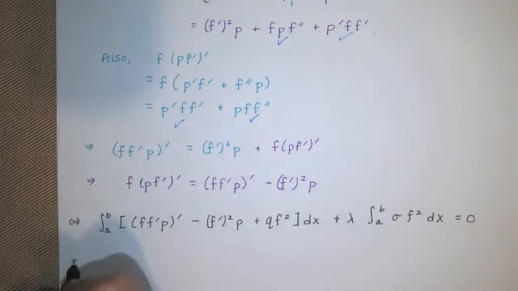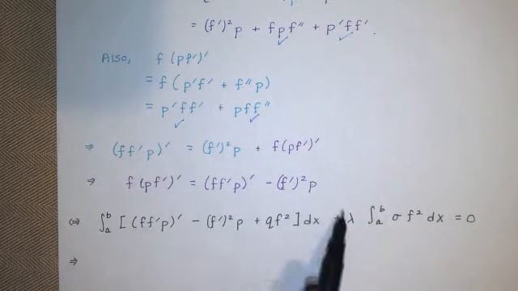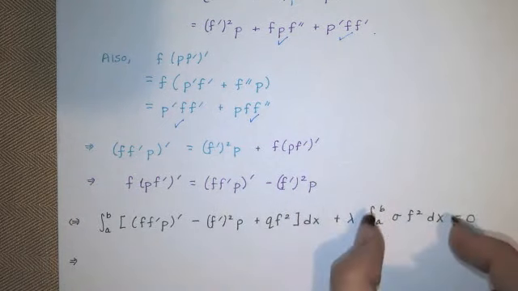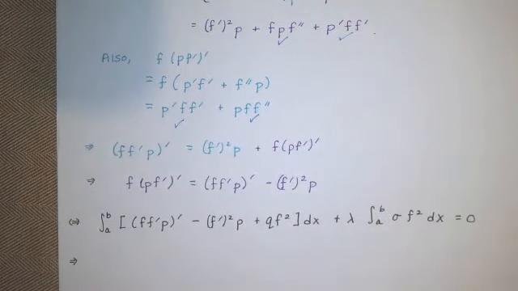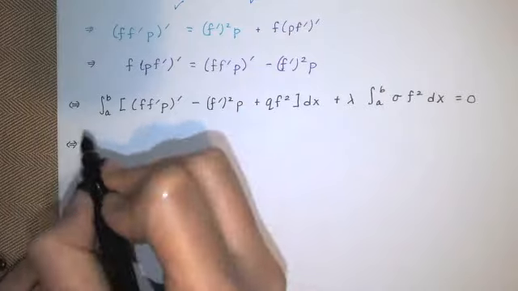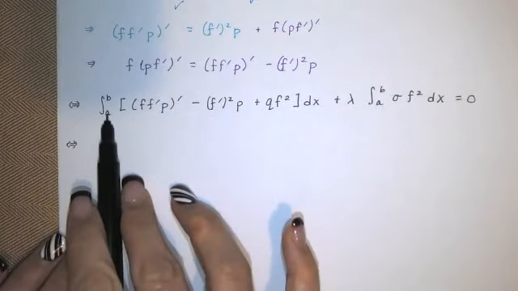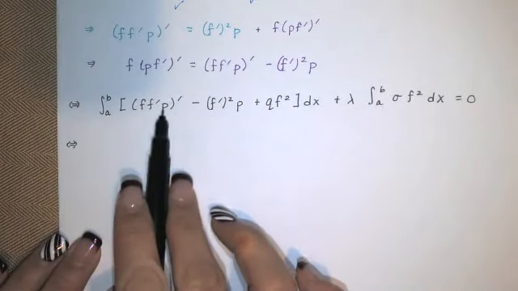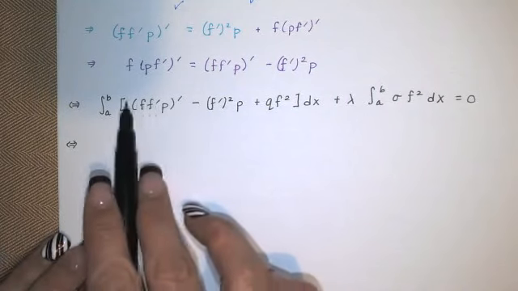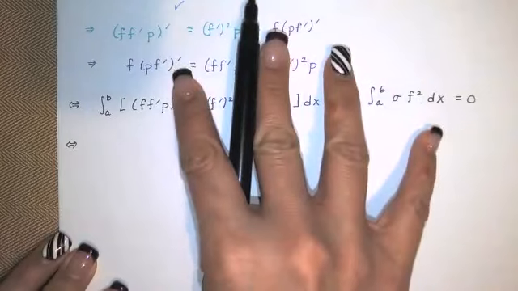So let's get lambda by itself. In order to do that, we can subtract this expression from both sides and then just divide by this. Excuse me. In order to do that, I think I want to simplify this expression a bit. I've got the integral from a to b of this product's derivative. The antiderivative of this would, of course, just be that product.